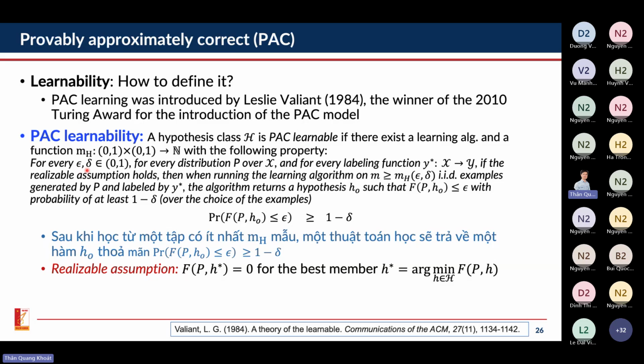For every epsilon and delta in this range, and for every data distribution P over X, and for every labeling function f, if the realizable assumption holds, then when we run the learning algorithm on m IID samples from distribution P and labeled by f, the algorithm will return a hypothesis such that the test error is small, with probability at least 1 minus delta over the random choice of the training set.